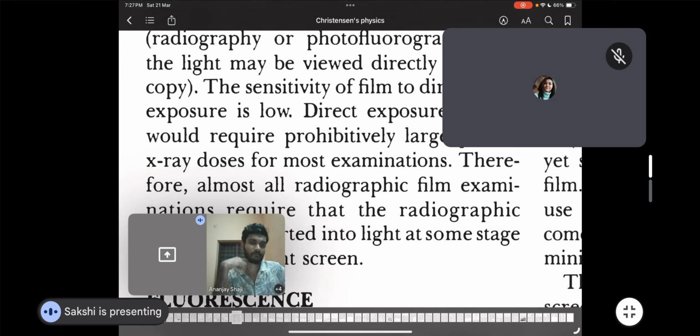So how fast is it going? There will be a fast screen, a slow screen, a moderate screen, like that. These kinds of films will be there, and there will be direct exposure and indirect exposure. Understand? How fast it will convert your radiation into the information.